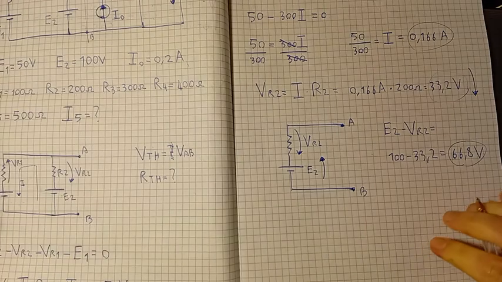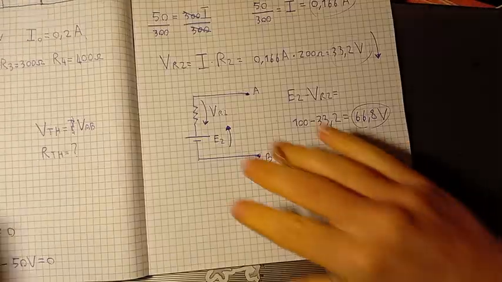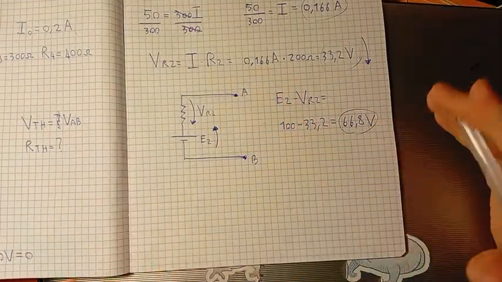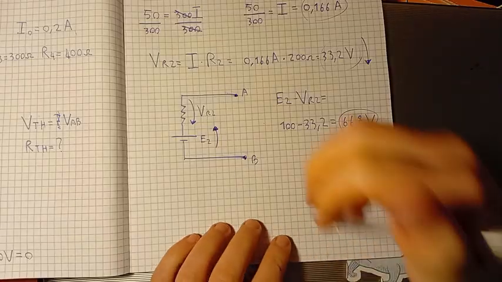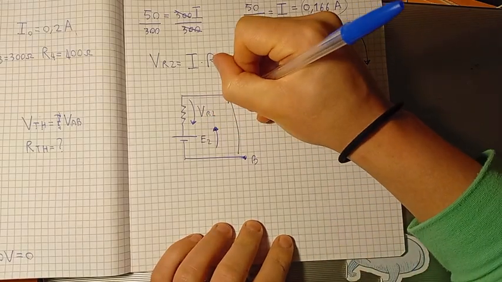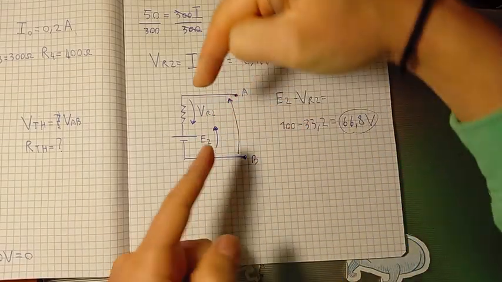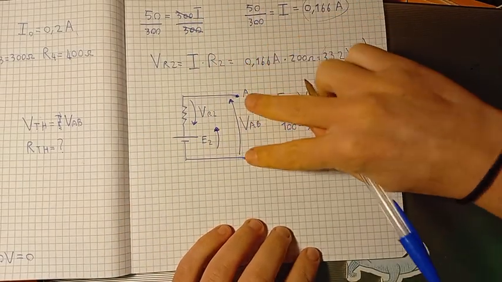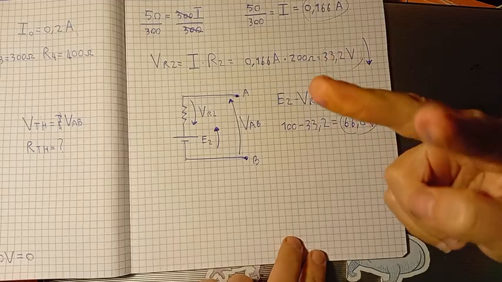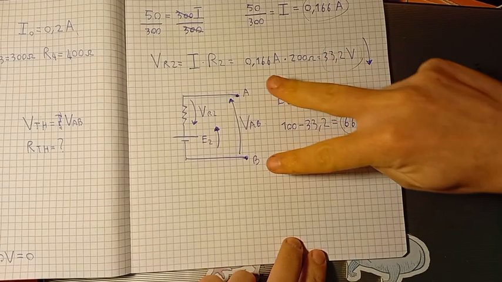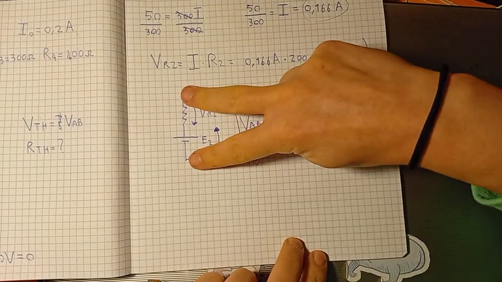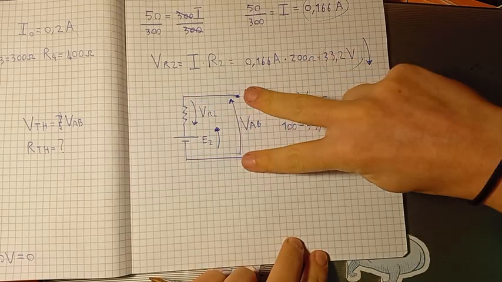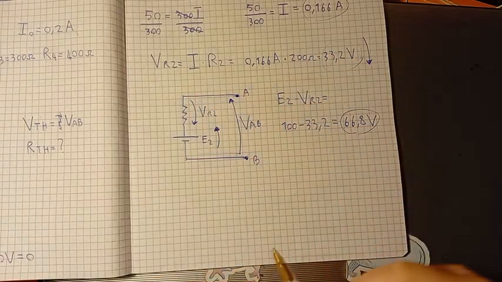So this is the result. What is this? This is the result of this algebraic sum of these two voltages. This is our VAB. This is the voltage we have if we take an instrument to measure the voltage and put it here. What we will find is exactly this value.